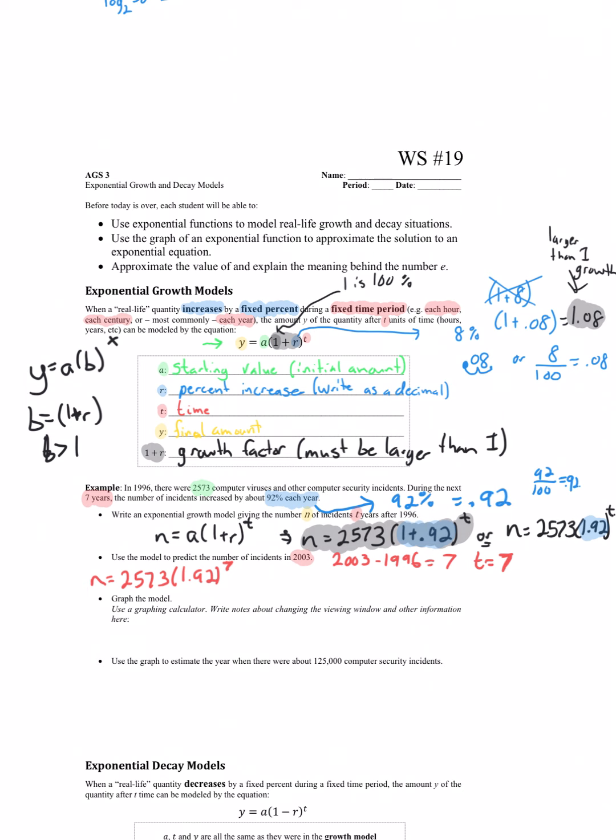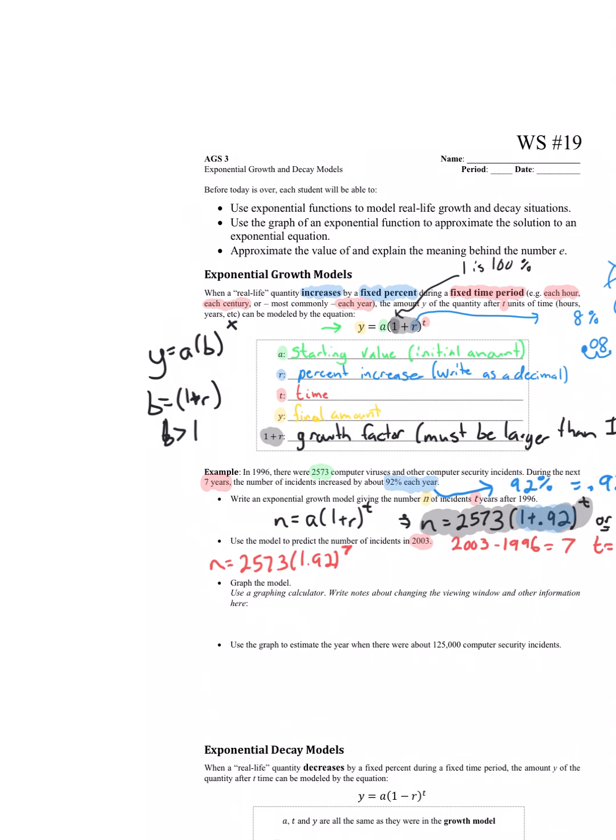When we put this in our calculator, we have to be very, very careful. Okay, you want to put parentheses around the 1.92, and you want to remember to follow PEMDAS. What do we deal with first? Parentheses. What do we deal with second? Exponents. So we've got to take care of our parentheses and exponents.